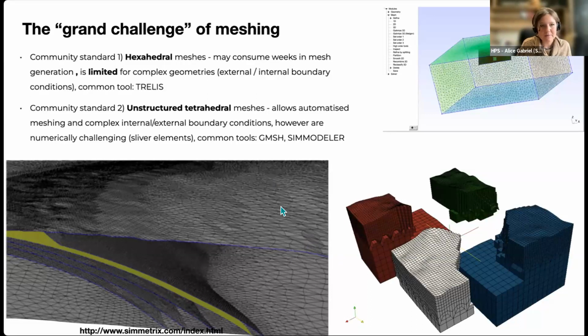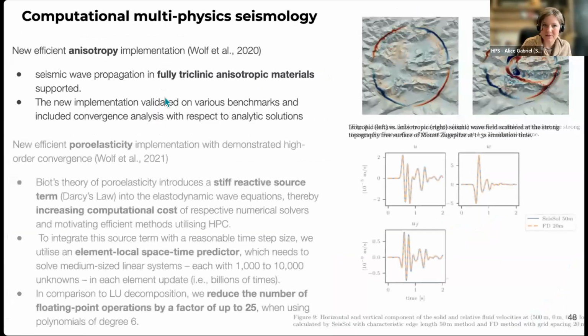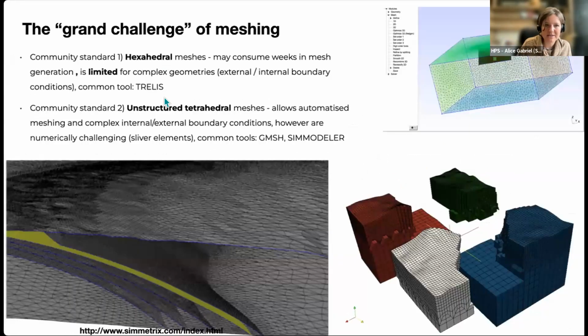There are two community standards, as I kind of mentioned before. The hexahedral meshes, which is what SPECFEM uses. They are somewhat limited for complex geometries, but there is good commercial software, for example, Trelis, or I think it's called Cubit again, that can be used to generate these kinds of meshes.